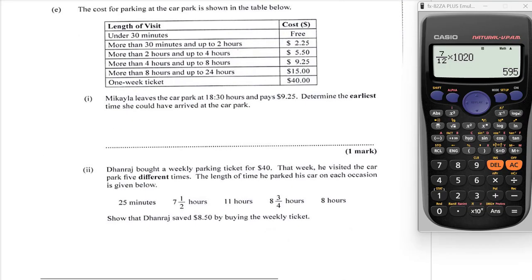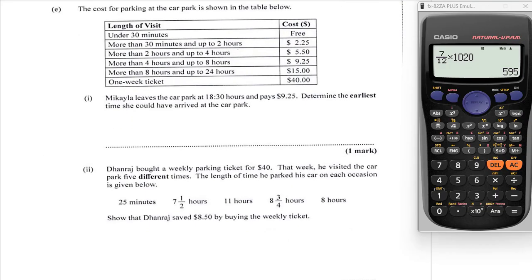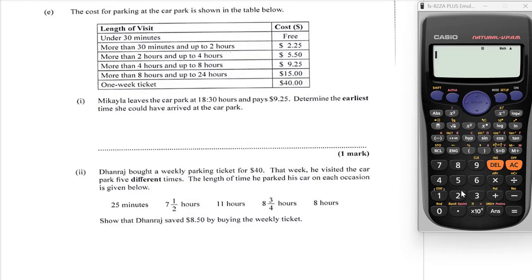Let's move to the next question. Now, the cost for parking at a car park is shown in the table below. So we have the length of the visit and the cost. So under 30 minutes is free, more than 30 minutes and up to 2 hours is $2.25.